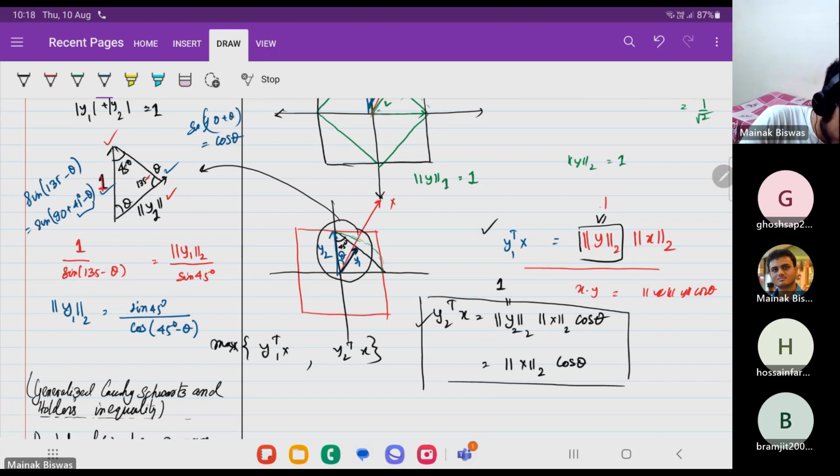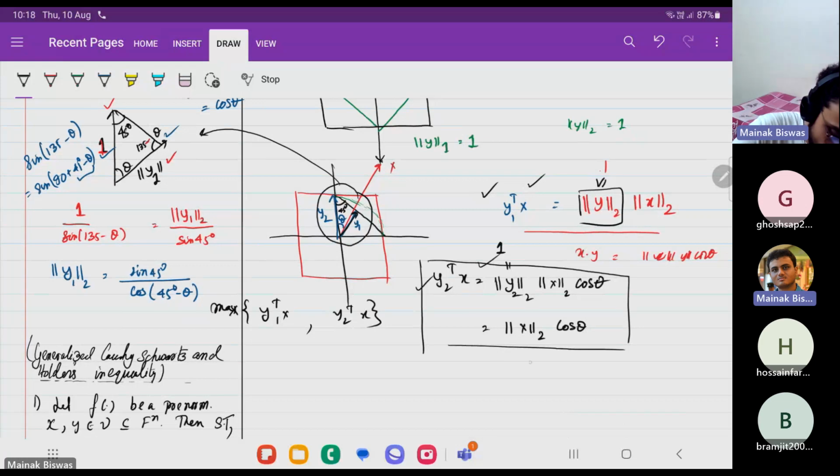Good. So now what will I do? I have got this length and this length both, right? So my y1 transpose x is nothing but the norm of x into sine 45 degree by cos of 45 minus theta, right?